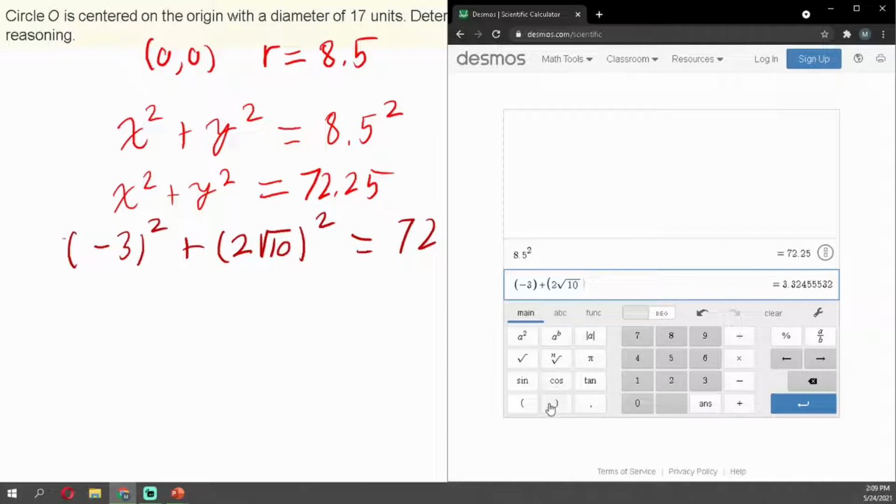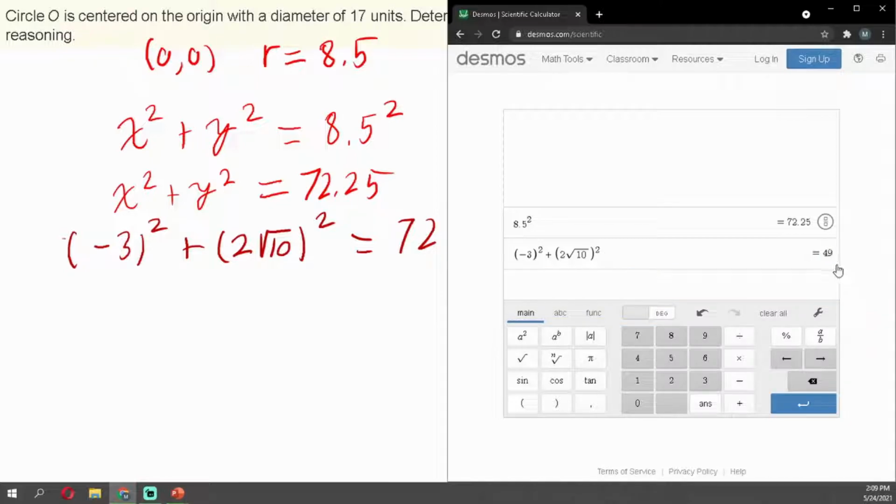Click out of the radical, close parenthesis. And all we have to do, oh, I forgot something. We forgot our squares. So you have to go back, square that one, and we get our answer to be 49.